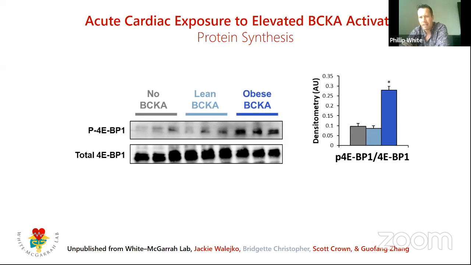So we think there's evidence that this reverse transamination of branched-chain keto acids and sequestration could be leading to increased activation potential of the mTOR pathway, leading to increased phosphorylation of 4E-BP1 and increased protein translation that in the long term may have unhealthy consequences and contribute to cardiac hypertrophy.